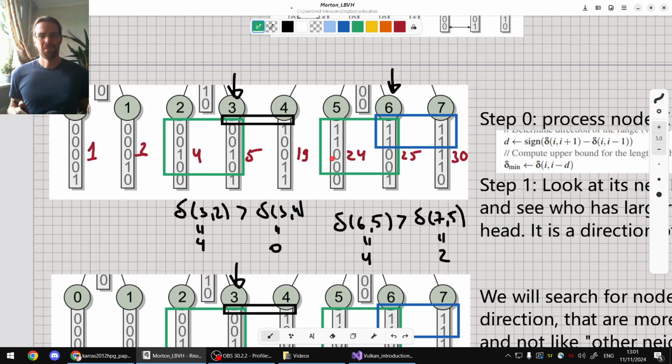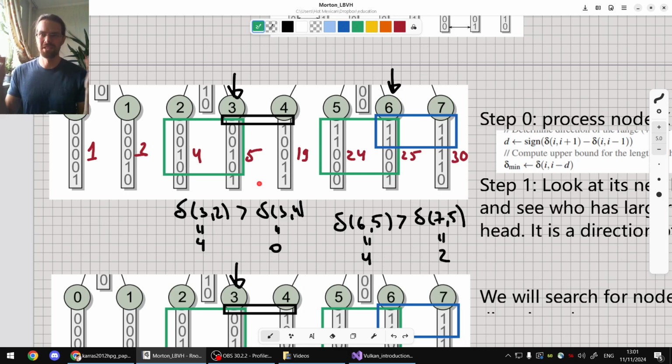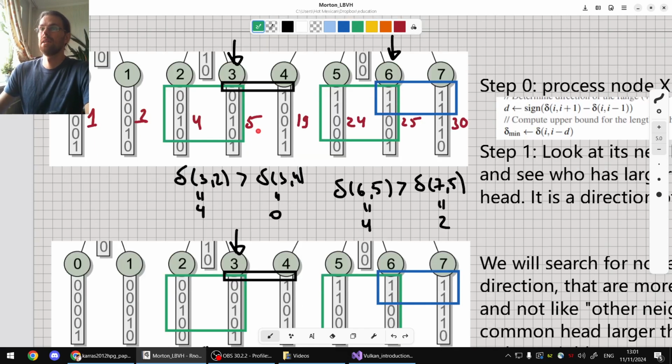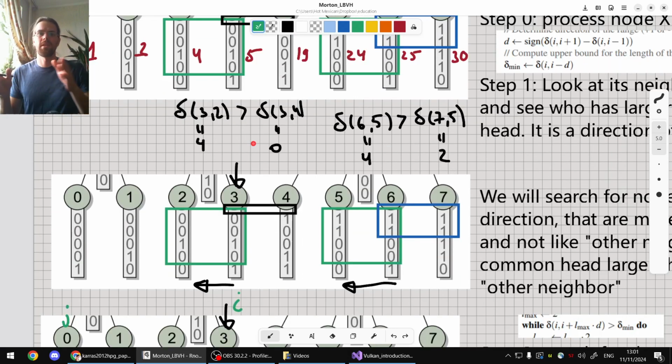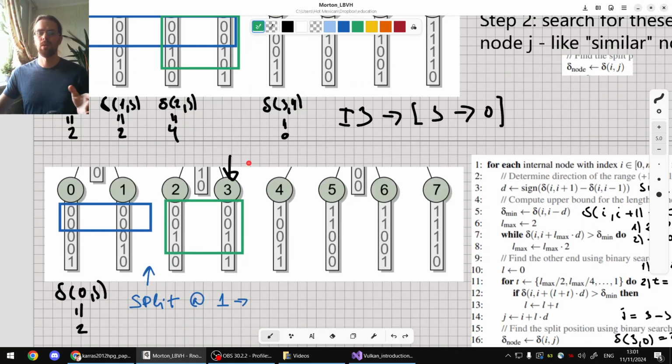So, final time, I will repeat the procedure. We search for direction from unlike node to like node, and then we start expanding our region to be better than the unlike node. And when the region is expanded, we search for the split position, again based on when the common head will have this abrupt jump.